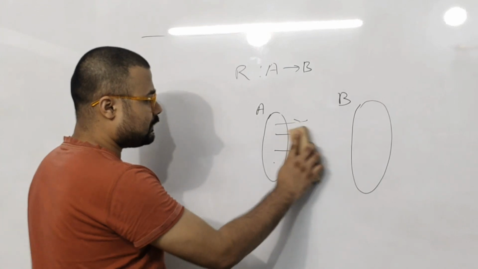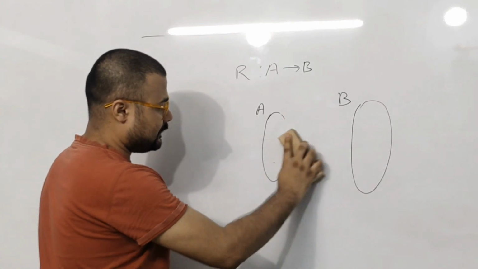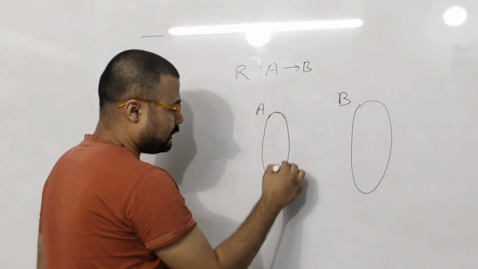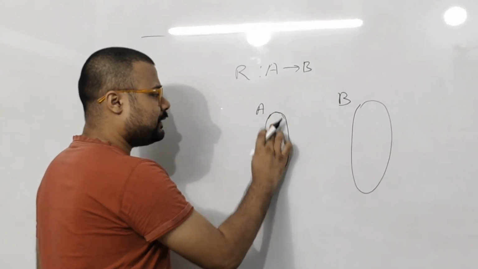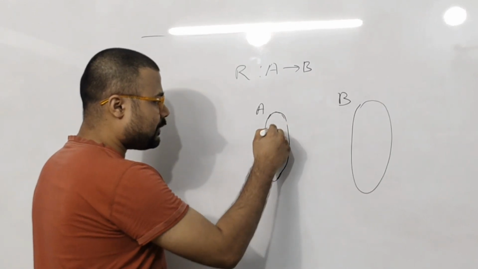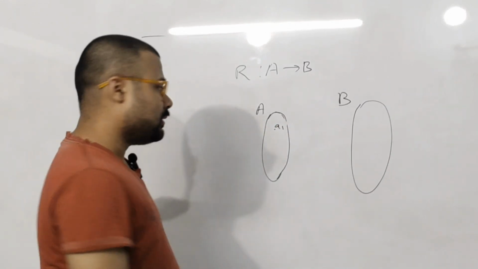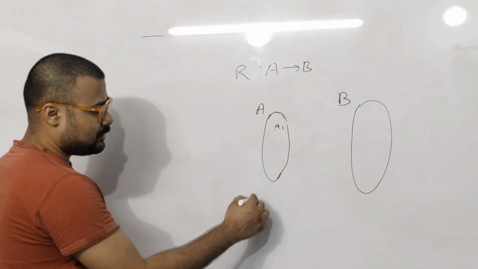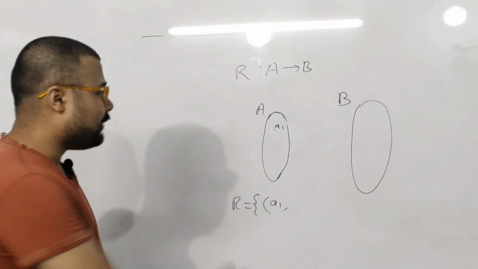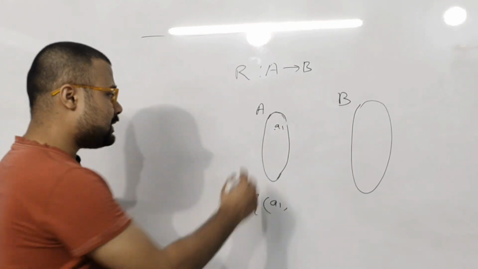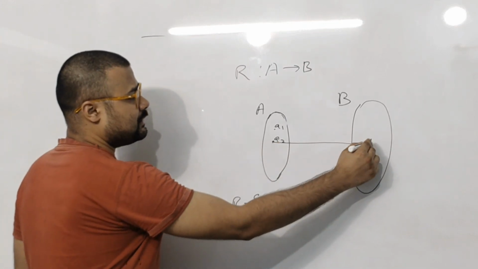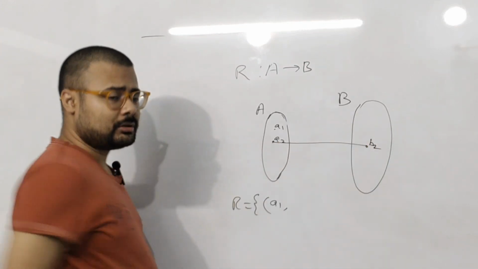So let's say this is my set A, and take an arbitrary element, let's say A1. It might happen that R does not have any ordered pair with A1 as its first element, that is, A1 is not mapped at all. Let's say there's another element A2, uniquely mapped to some element, let's say B2.